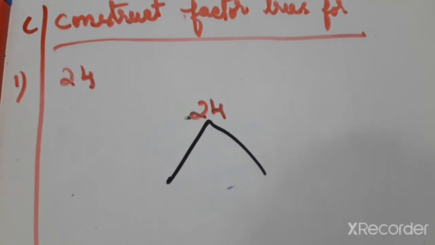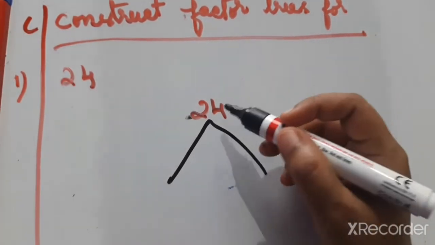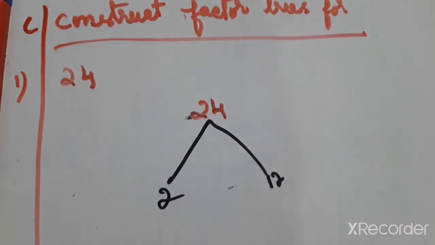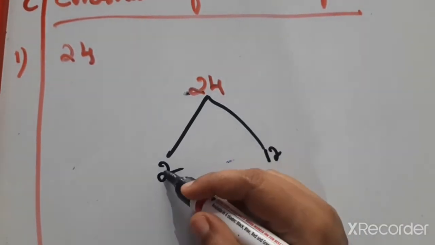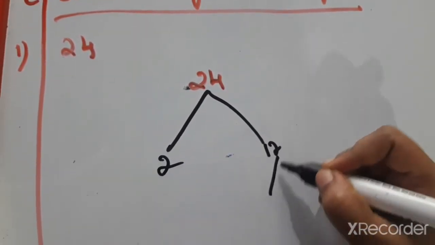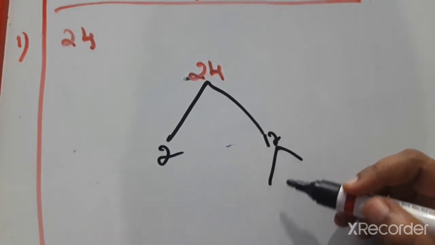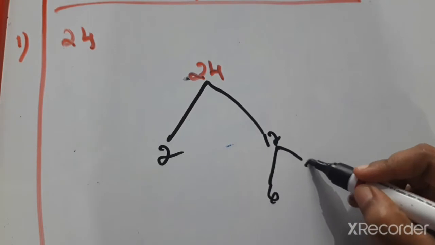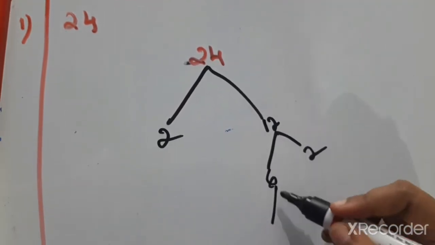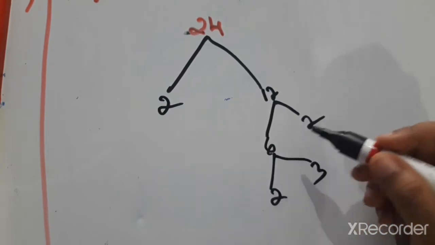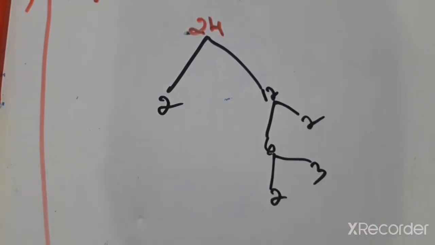So factor tree for 24. 24 means 12 2s are 24. 12 is not a prime number, so you can't stop there. Again 12 will multiply in which tables? 6 2s are 12. Then 3 4s are 12. Okay, these are the factor tree.